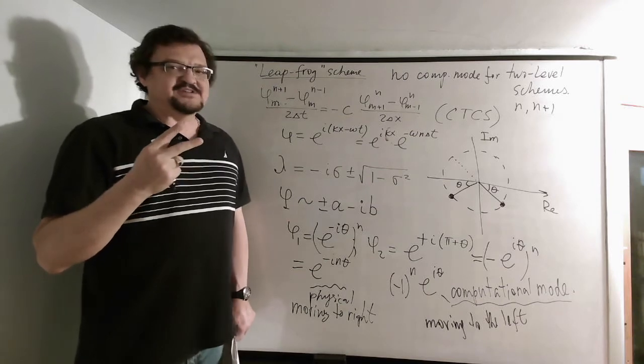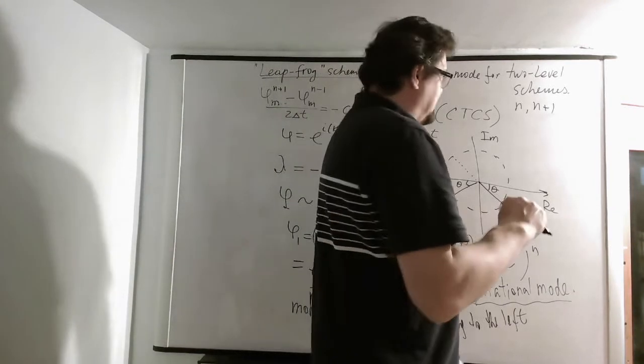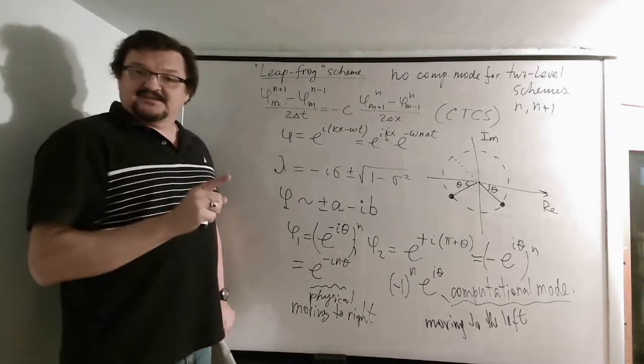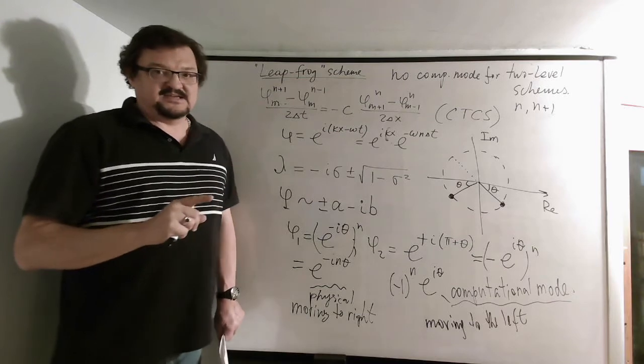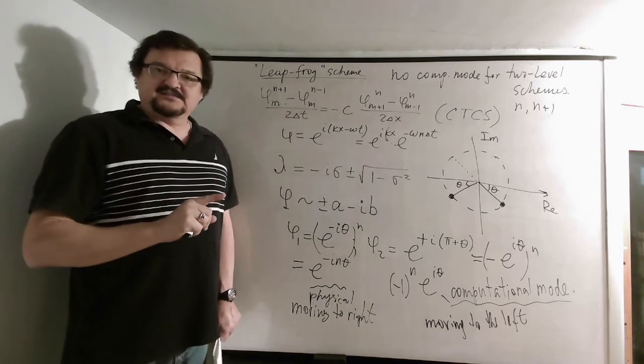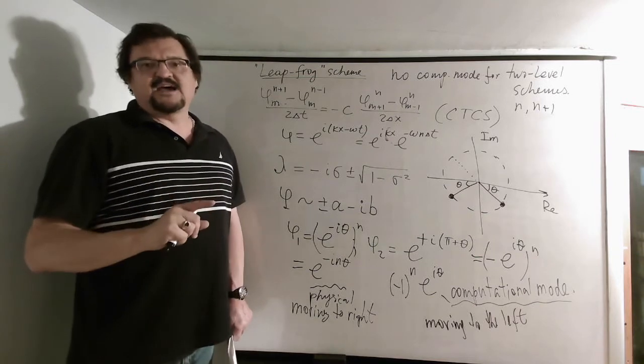So 2 solutions that are not physical. That's a different phenomenon, and this phenomenon does not depend on your delta x and delta t. It's always present. You will have a computational mode regardless of how small your truncation error is. You will still have it.